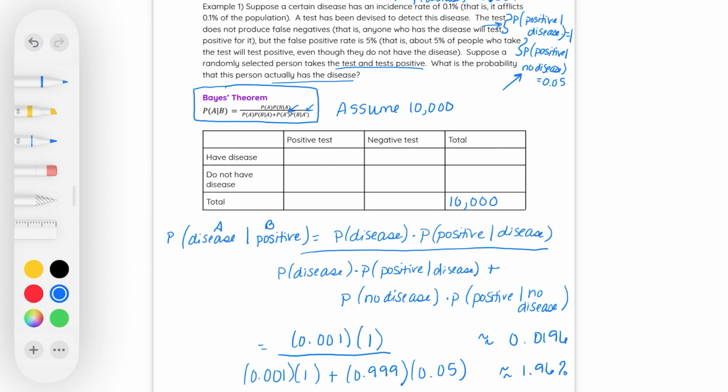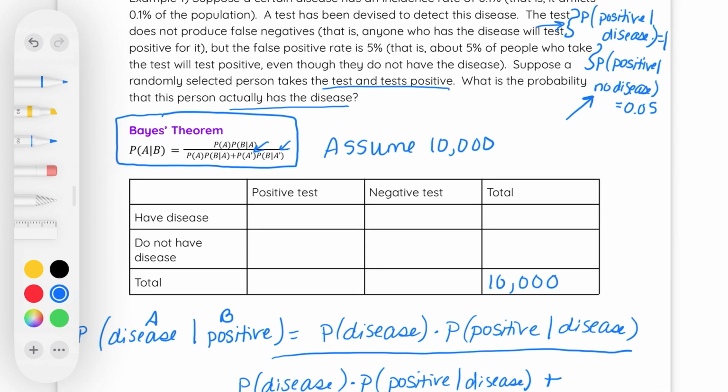What do we know? So we know that a person has an incident rate of testing to have the disease. So of all the people, those who have the disease is 0.1%. So 0.001 times 10,000 is 10.